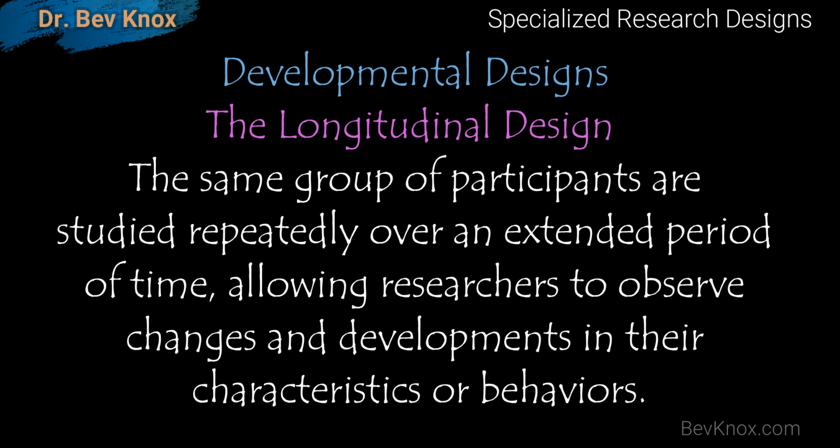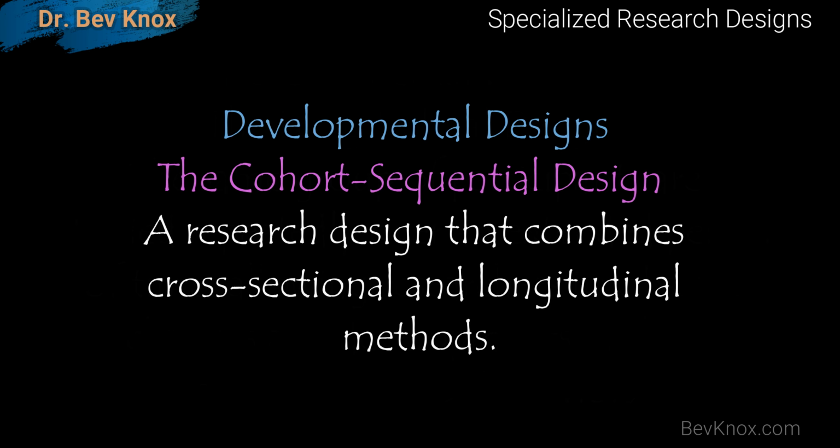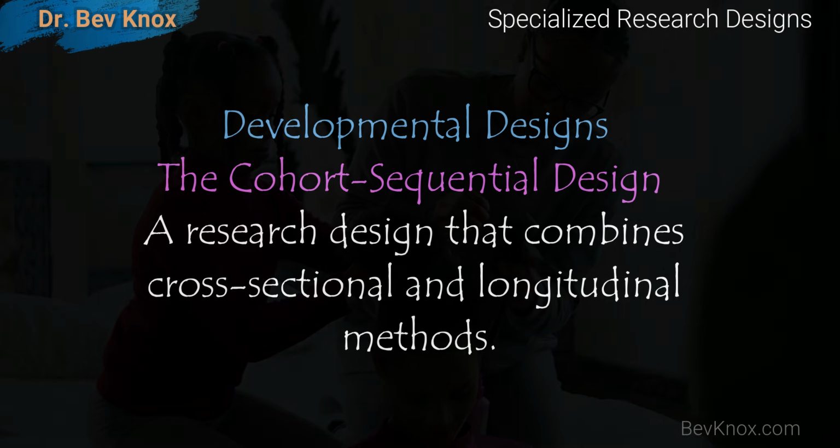And in a longitudinal design, this refers to a research method where the same group of participants are studied repeatedly over an extended period of time, allowing researchers to observe changes and developments in their characteristics or behaviors as time progresses. And now, the cohort sequential design refers to a research design that combines cross-sectional and longitudinal studies.